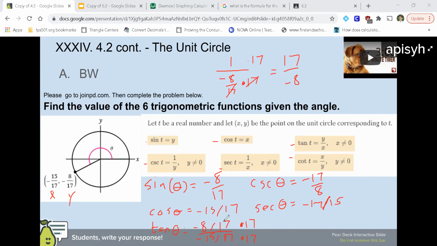But actually, since they both have the same denominator, it'll cancel on the top and on the bottom, leaving you with just +8/15. Again, because two negatives here would make a positive. And then the cotangent of that is just the reciprocal. So instead of 8/15, it's 15/8.